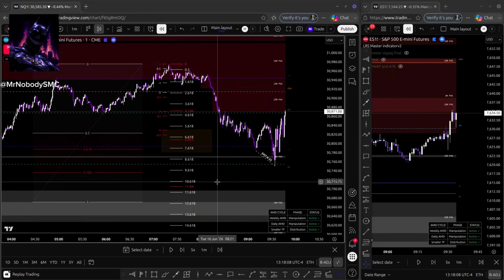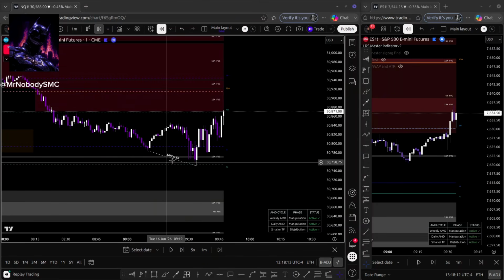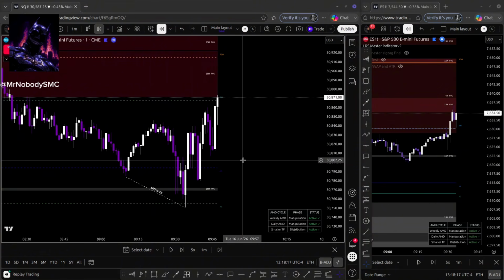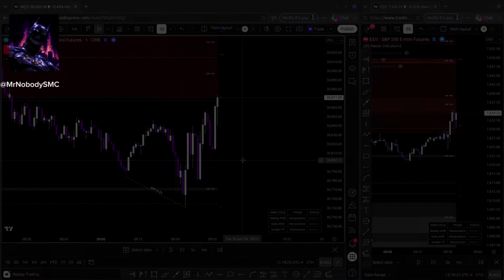If these three align with liquidity, and on top of that, I have SMTs telling me that there is, in fact, the algorithm creating divergences between two assets, then that's a high probability area for me.